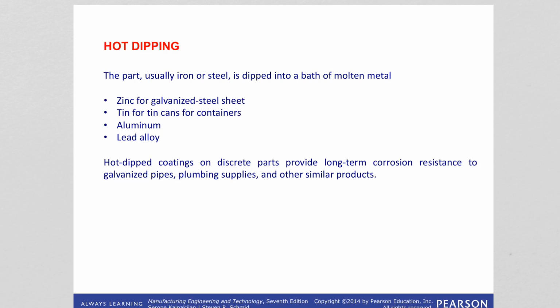So first you clean the products, remove all oil, grease, scale, rust, and then dip them into a solution of zinc ammonium chloride and then dry. Next, it is immersed in a bath of molten zinc, and then zinc and iron react metallurgically to produce a coating that consists of a series of zinc and iron compounds and a surface layer of pure zinc.